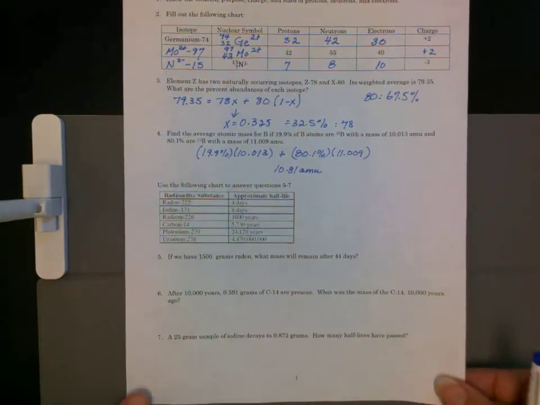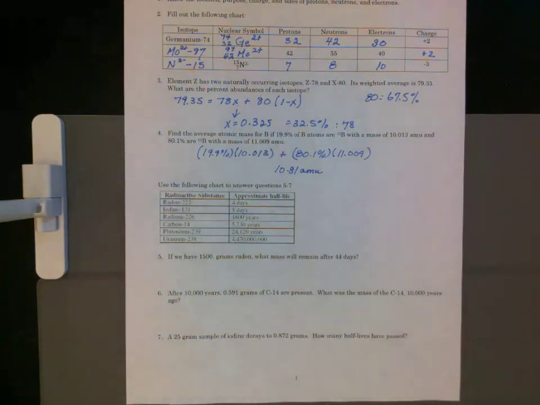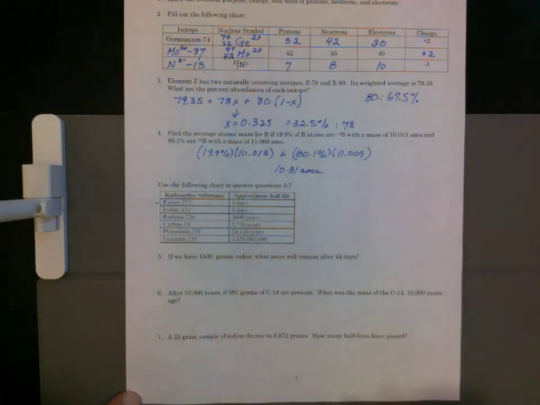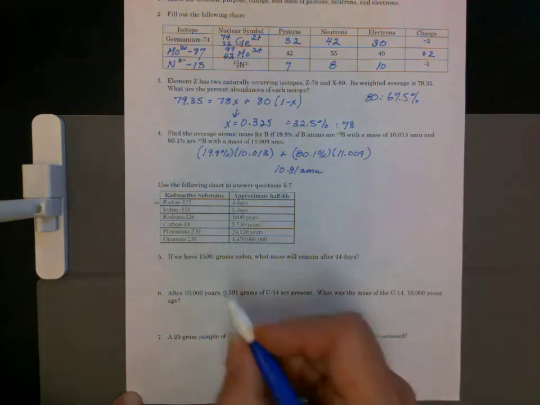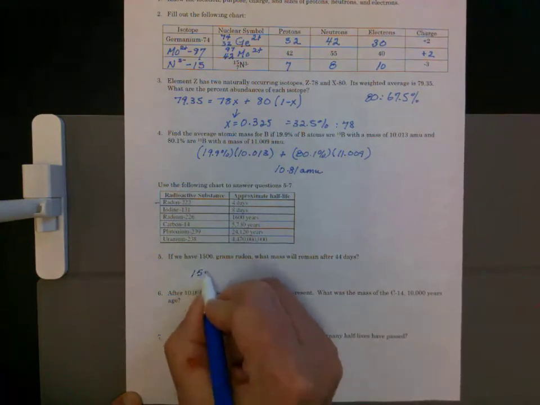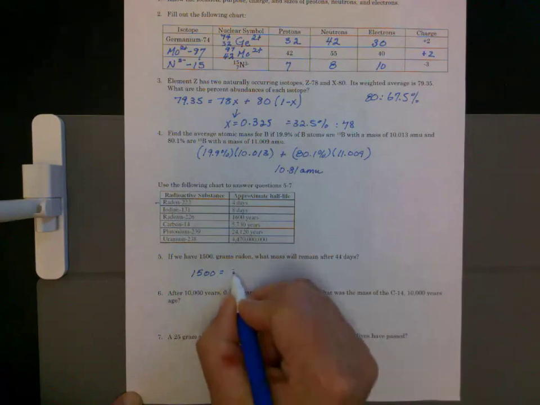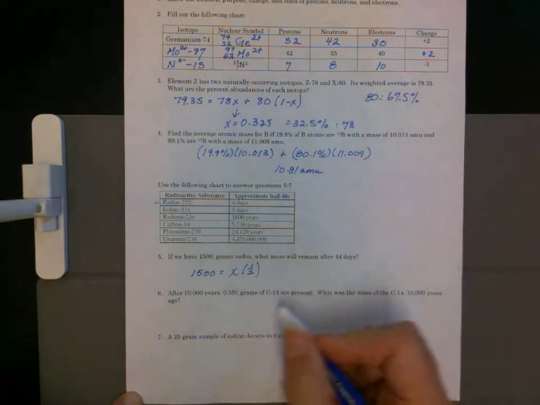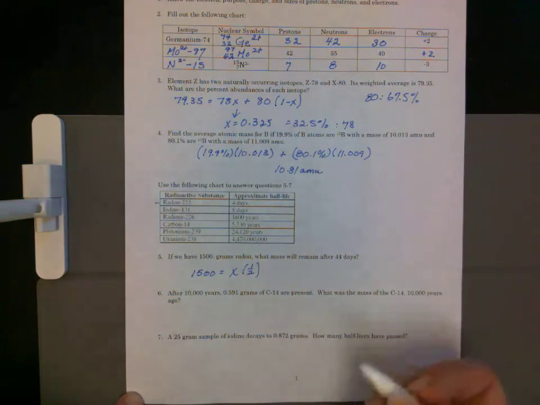All right, fill out the following chart. So we have different half-lives for different substances. So now if we have radon, so radon's right here, and we have 1,500 grams, how much will remain after 44 days? Well, our initial amount is 1,500. Our final amount is what we're solving for. It's going to be 1/2 raised to the number of half-lives.